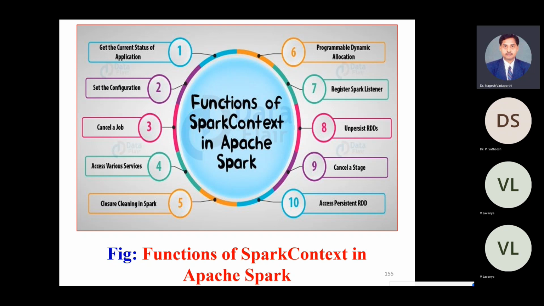Yesterday you might have seen functions in Scala programming. Usually in a map reduce model there are various functions. Can anyone list out what functions we use in map reduce? Yesterday I explained. My dear students, please respond.